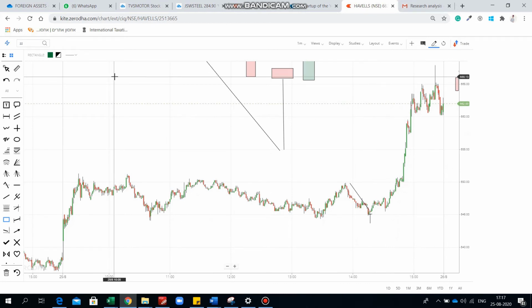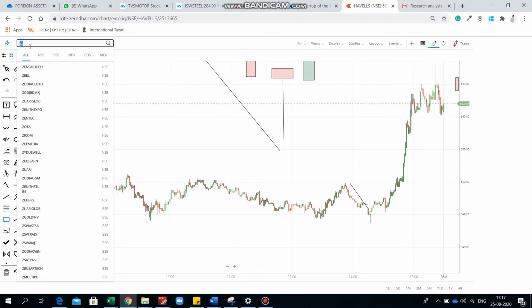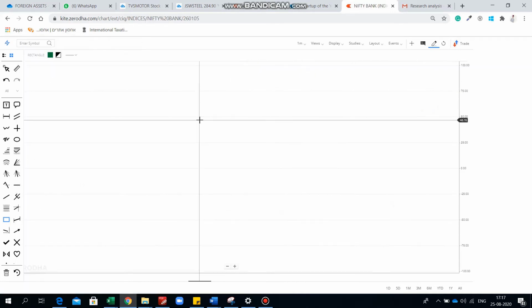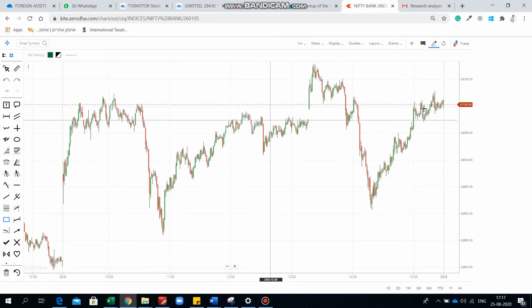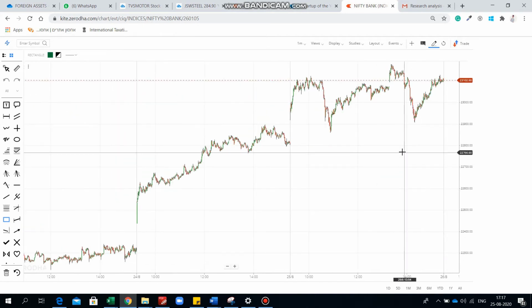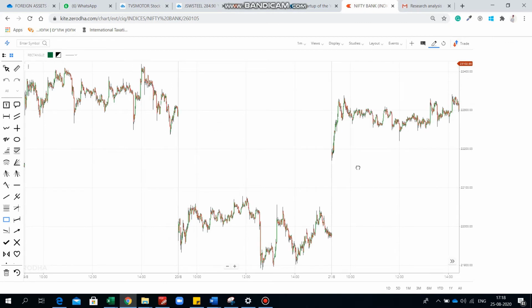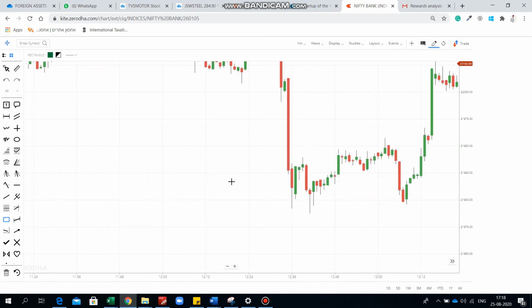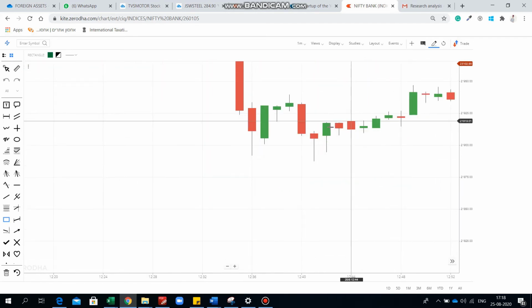exactly where you can find it in Bank Nifty, because in Bank Nifty on a daily basis we find these hammer candlesticks and inverted hammer candlesticks every day. For a hammer candlestick, if you can see, there is a hammer candlestick.